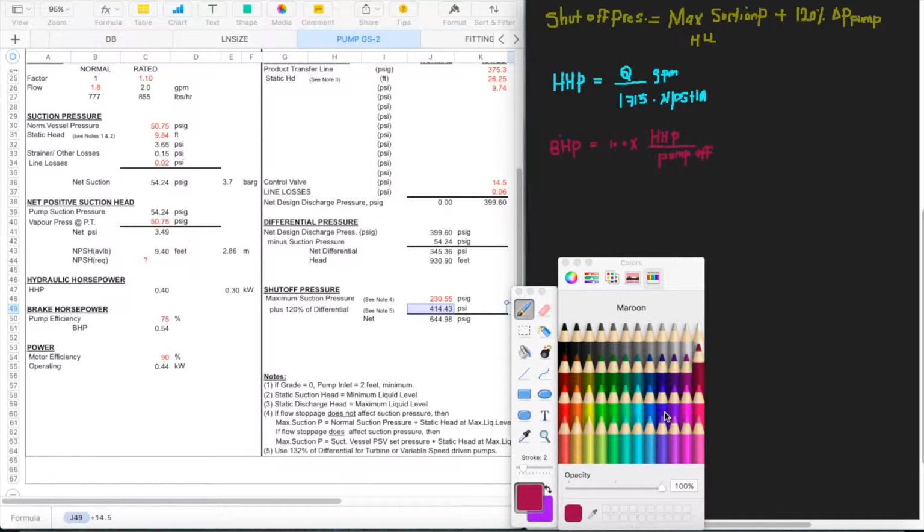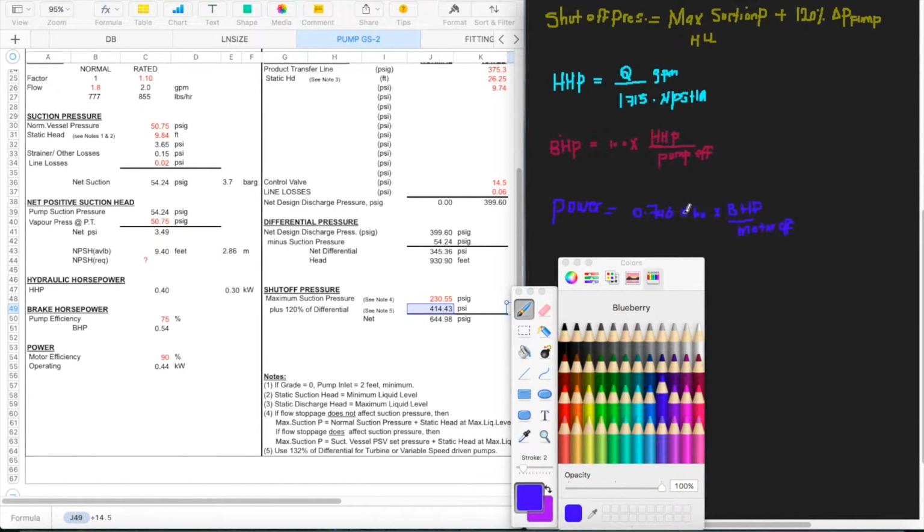So for power calculation here, the operating power is 0.746 multiplied by 100 multiplied by brake horsepower divided by now the motor efficiency.